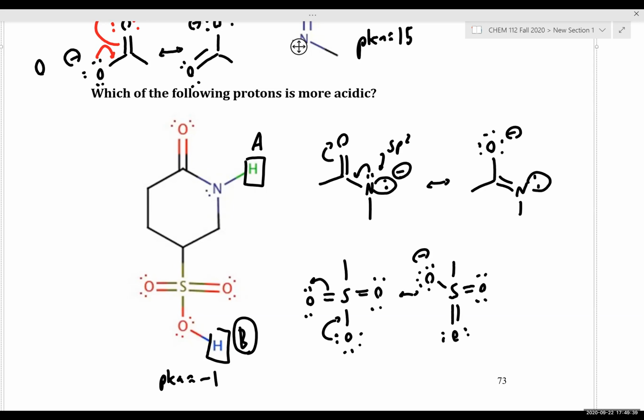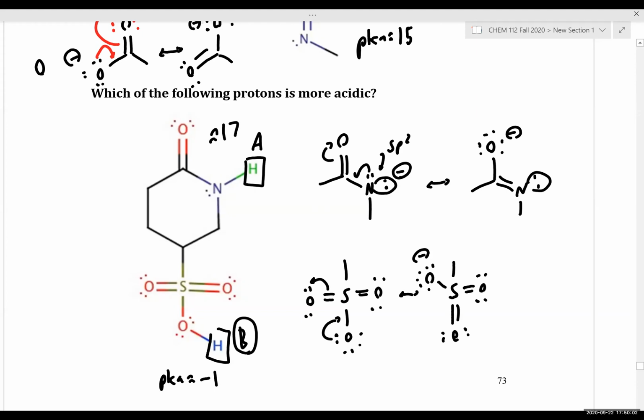So I guess I don't have the direct pKa table. Let me see if I can find a reference that can answer that question really quickly. The amide pKa is approximately 17, give or take.